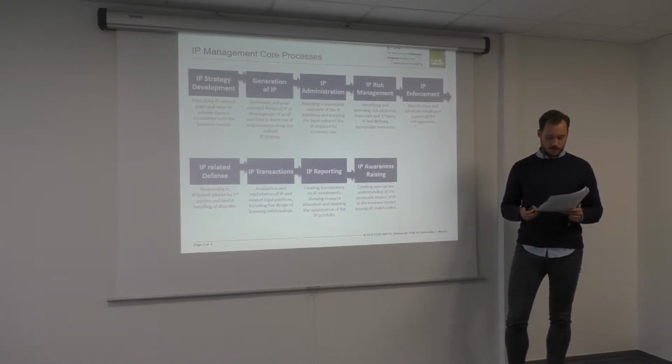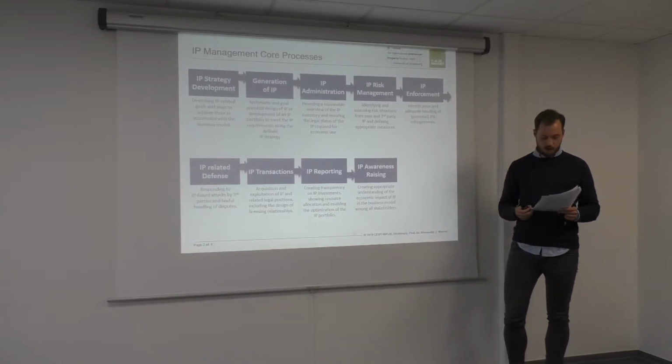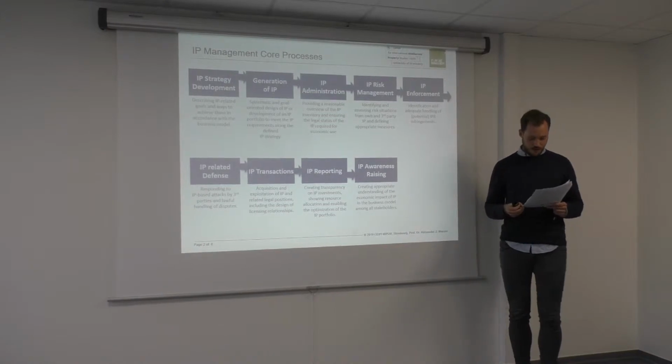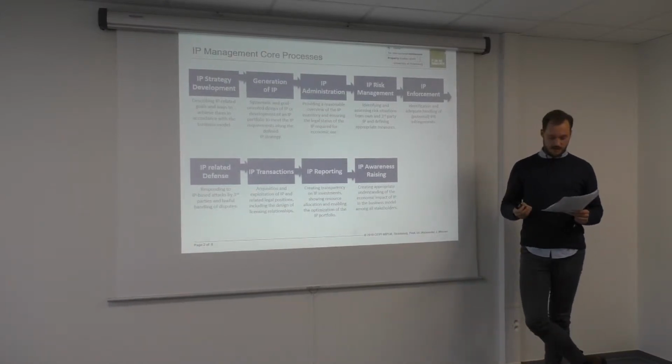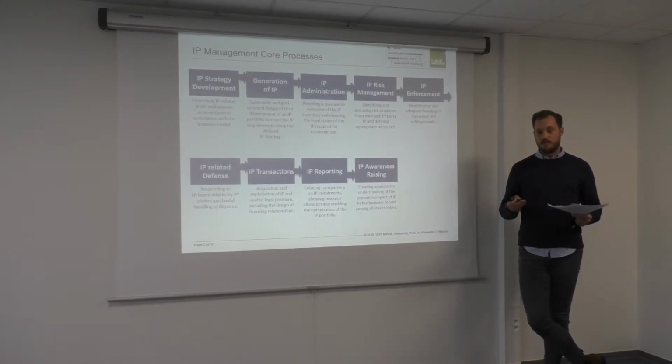The next core process of IP management is IP reporting. You should create transparency and check if all the investments are beneficial to your company and for the business model. And as well, you could give a report to the C-level management so that they can be sure that the investments in IP are useful in this case.